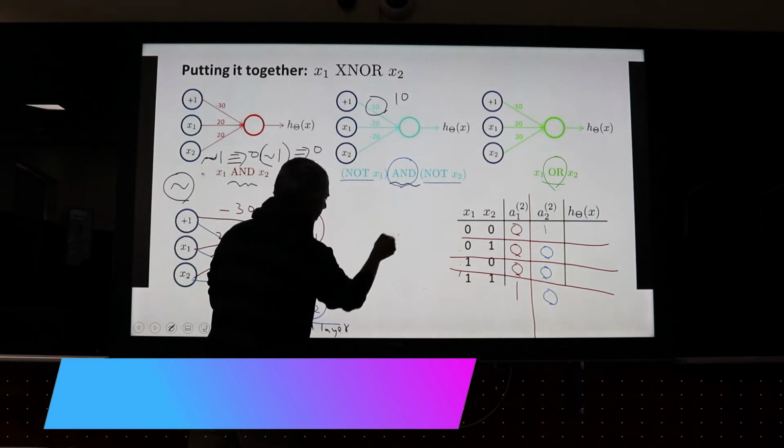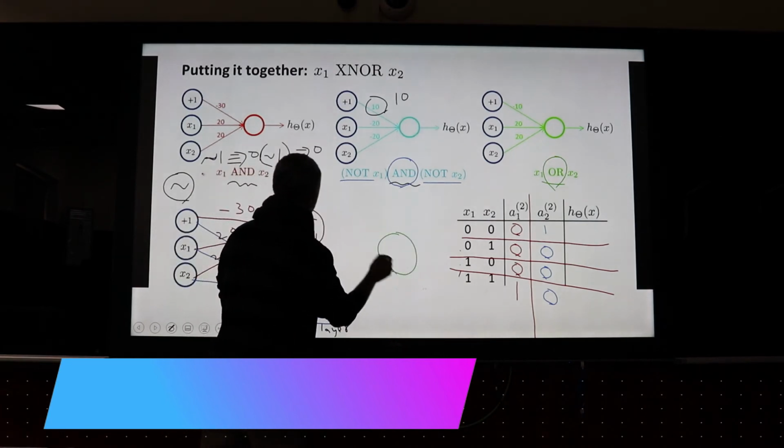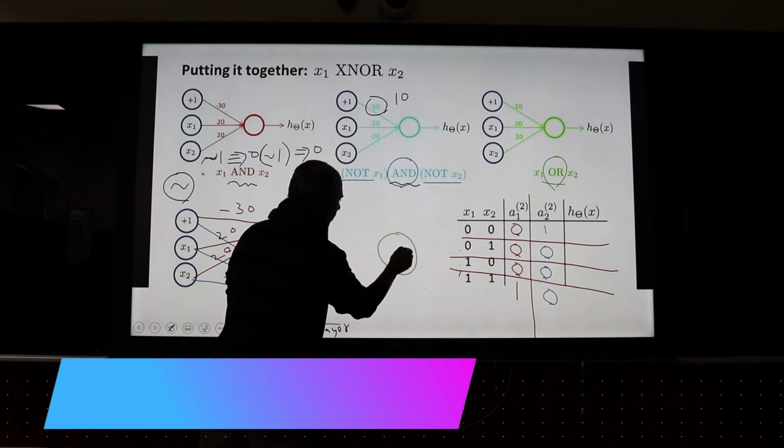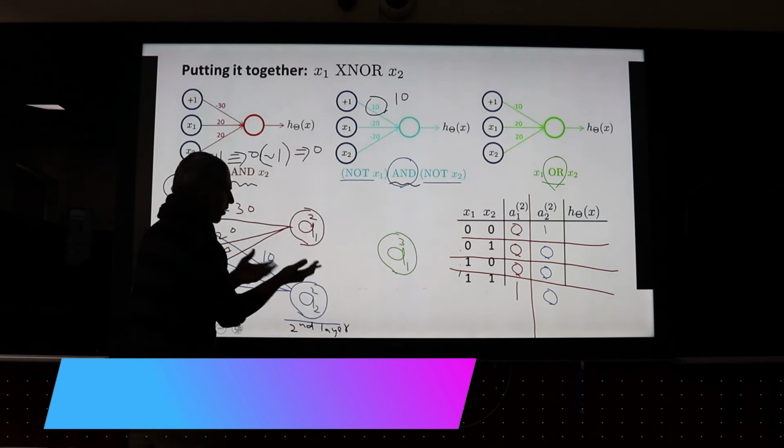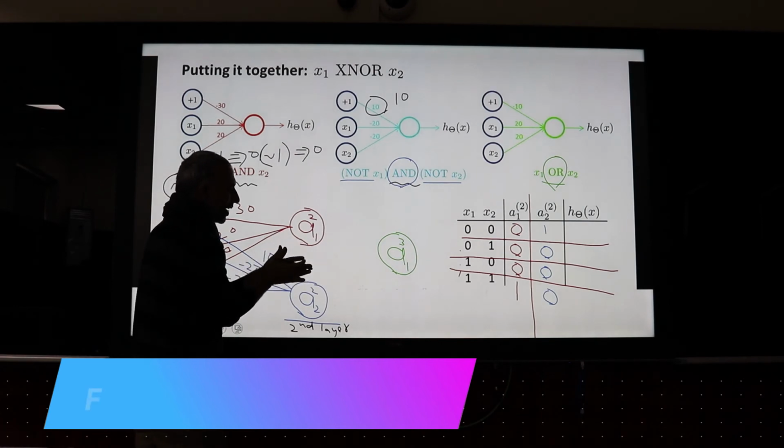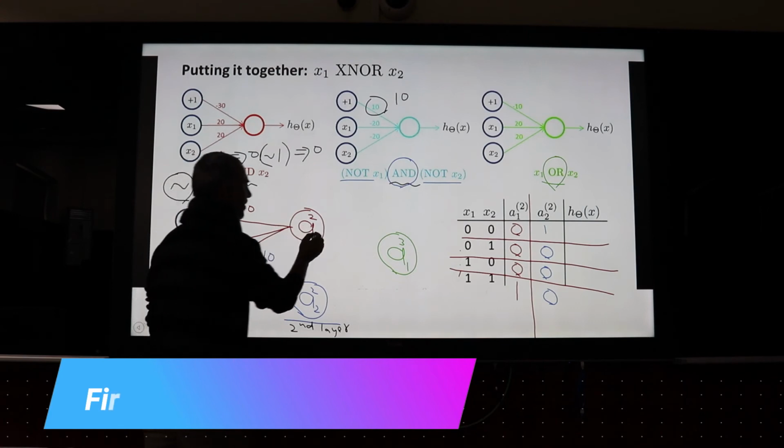So we need to determine the third layer activation function, because it's the finalizing stage. Only one activation function will decide.